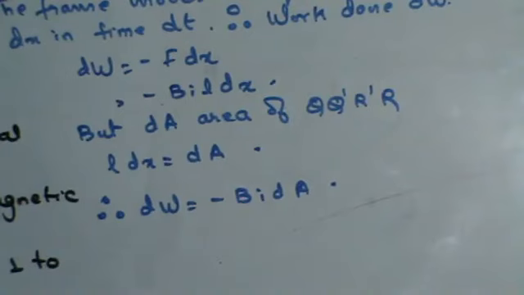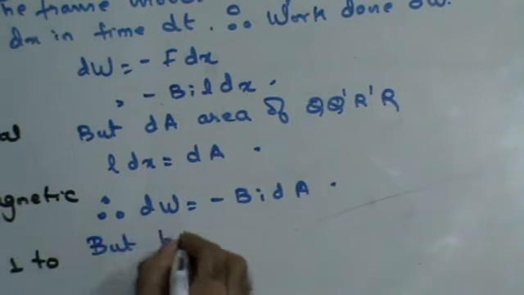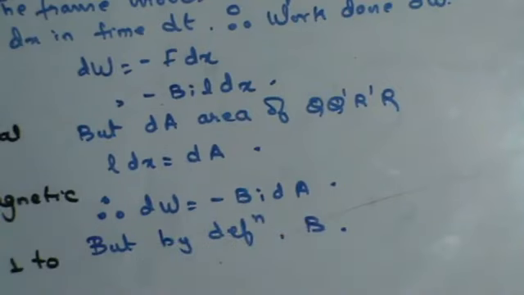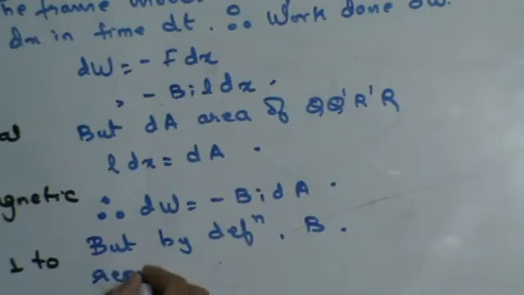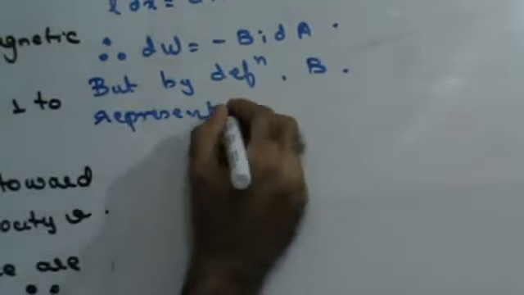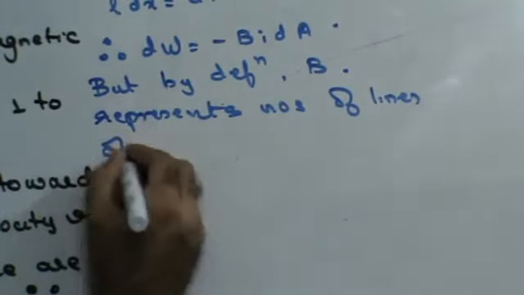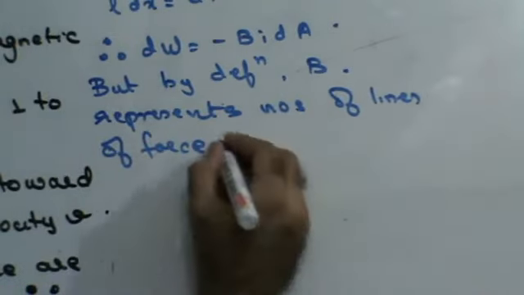But by definition, what is B? B is nothing but the number of lines of force passing through unit area. Magnetic induction represents the number of lines of force passing through unit area.